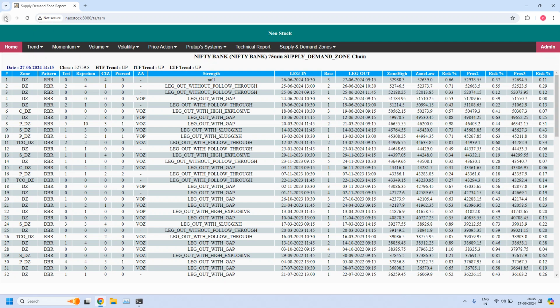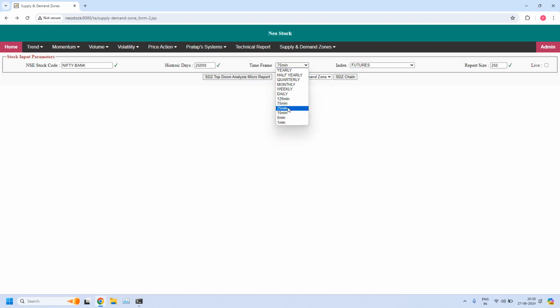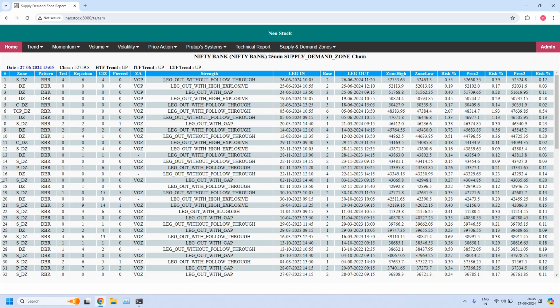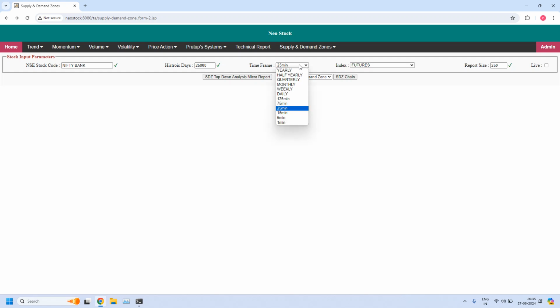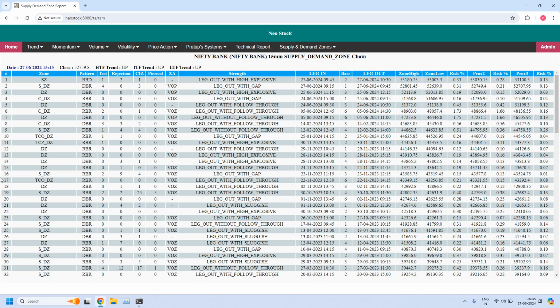And the next time frame is 25 minutes. The 25 minute supply demand zone chain. And changing the time frame to 15 minutes. So this is the 15 minute supply demand zone chain for Bank Nifty. Today a supply zone, a high liquidity supply zone is created.